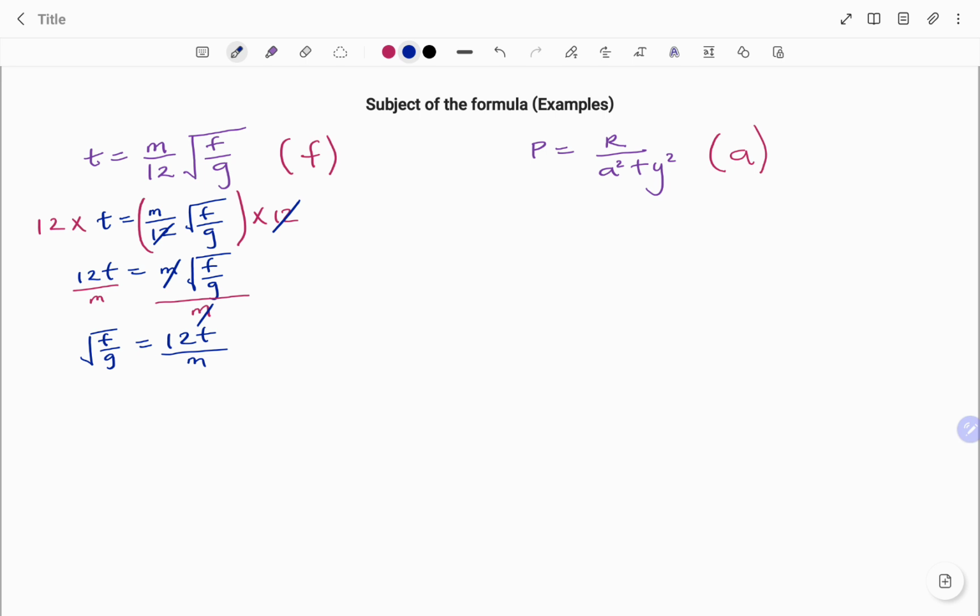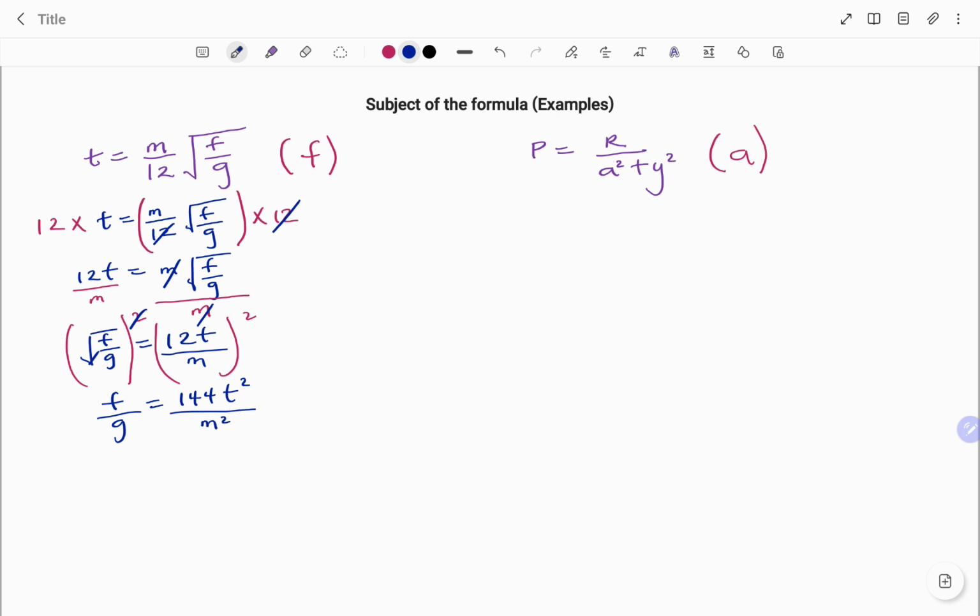To get rid of my square root, I'm going to find the square of both sides. The square root cancels my square. I have f over g equals 12 squared, that's 144, t squared over m squared.